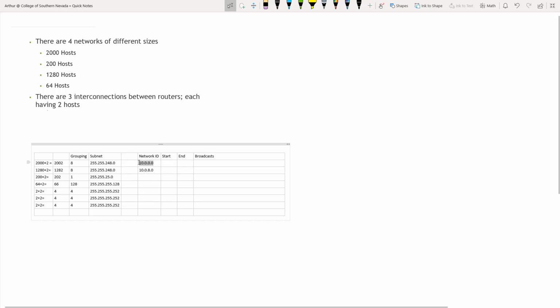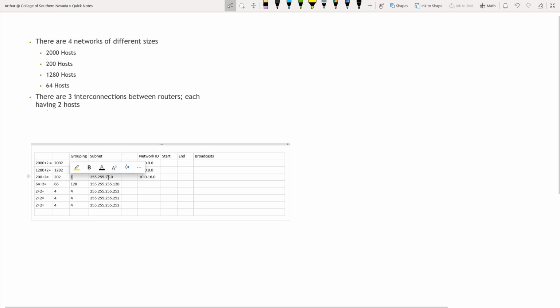So here, since we started with this network, now we're working with this network. We are adding 8 in the third octet. 10.0.8 plus 8 is 16.0. So second network done. Next, we will work with the third network.